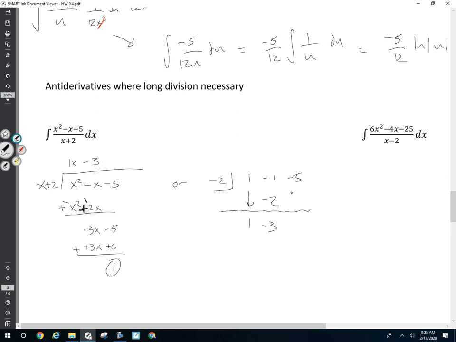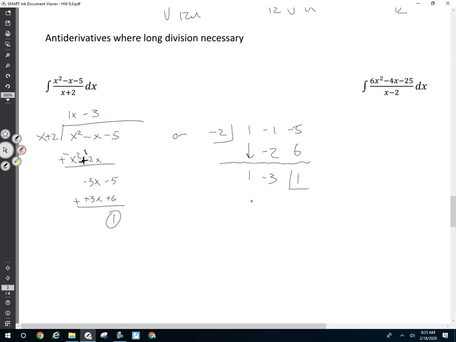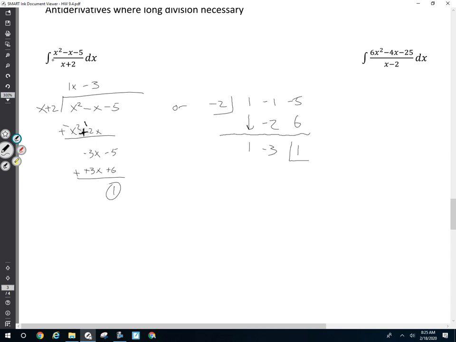Well, multiply, you see this turns into a positive 6. Add them together, turns into a remainder of 1. Okay, so what does this tell me? That this integral could be rewritten as x minus 3 plus my remainder over x plus 2.